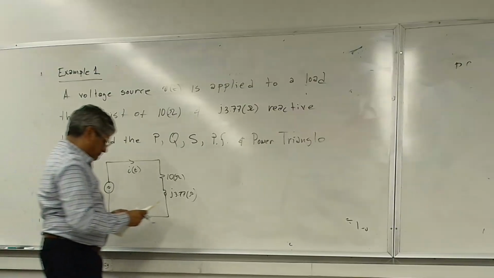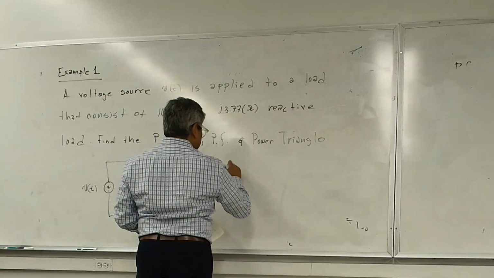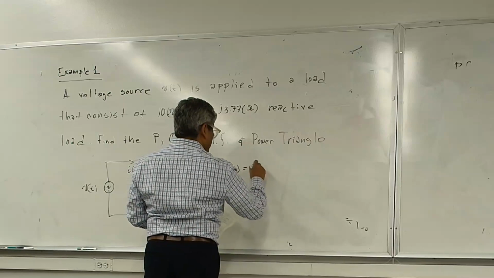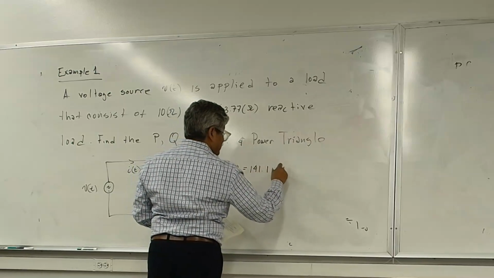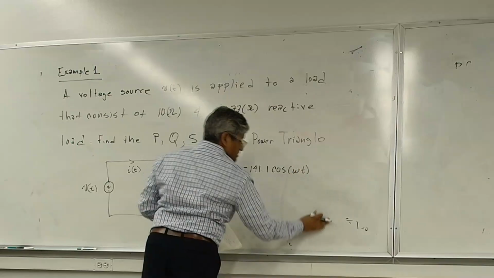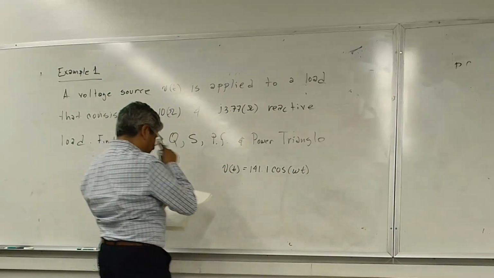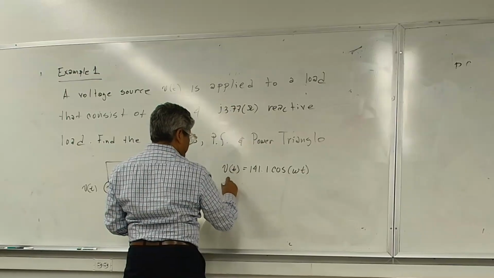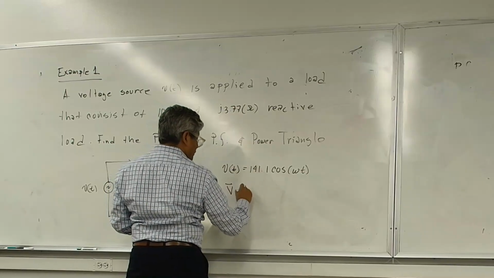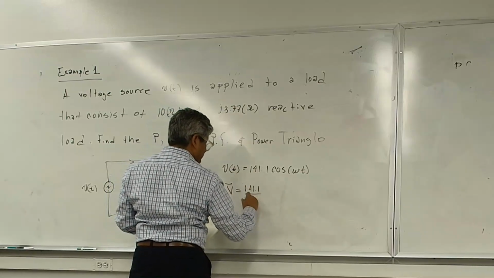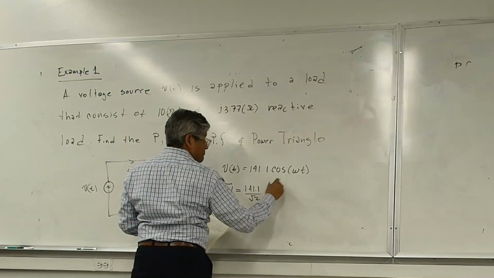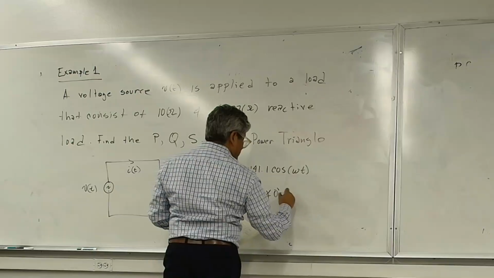The instantaneous voltage V of t is 141.1 cosine omega t. All right, simple. Now we know how to do this, but like I said, I already did it. The voltage phasor is going to be 141.1 divided by square root of 2, angle 0, right? There's nothing there.